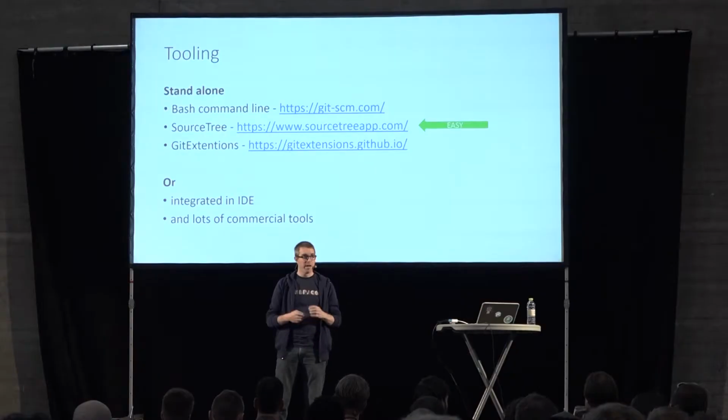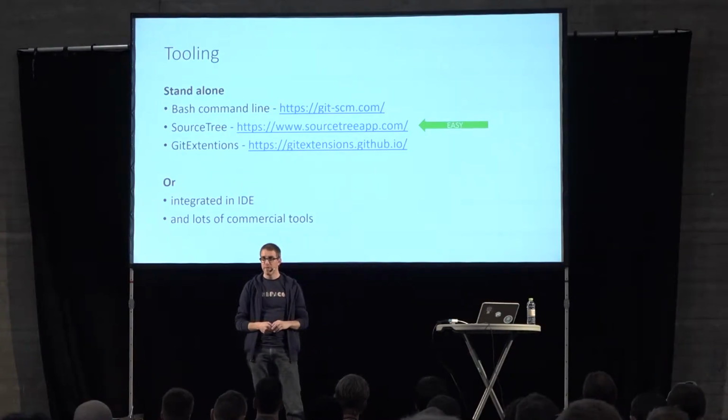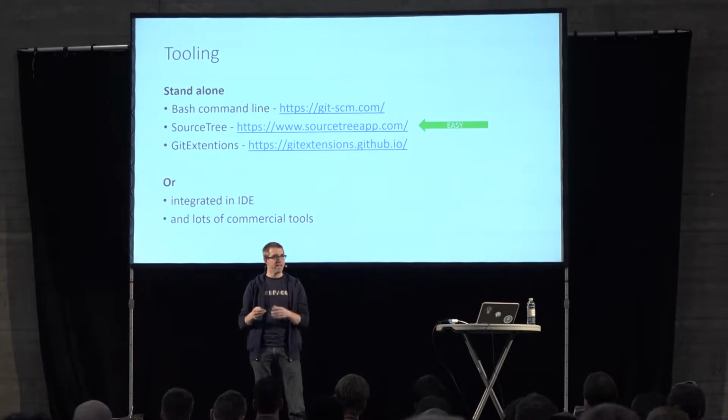SourceTree is very simple, and you don't really need to know Git before you are able to use Git. I like Git Extensions a lot. It made me understand Git much more. Git Extensions is a little bit more powerful. Or if you like, you can use the command line.